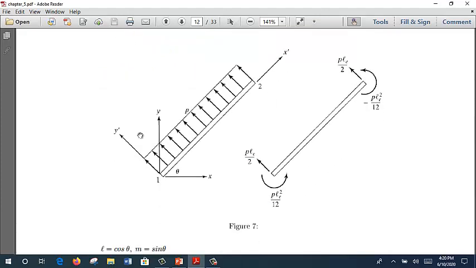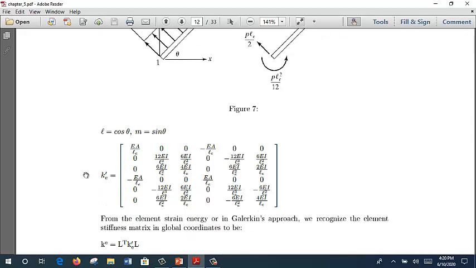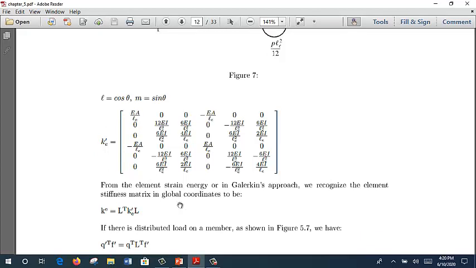Okay, this is how they calculate it, and this is how they consider the stiffness matrix of the beam structure. So you need to consider the EA over L here.